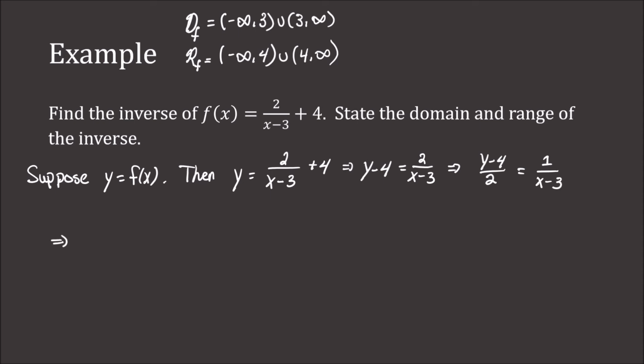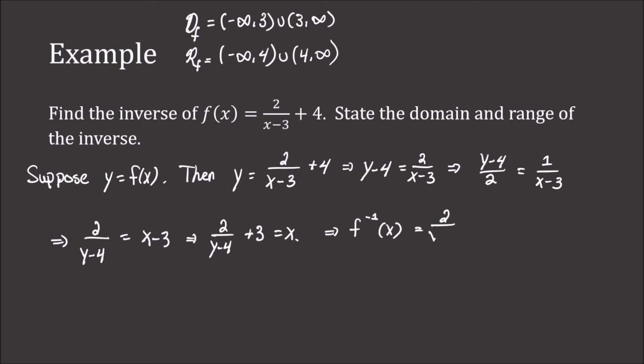Take the reciprocal of both sides. We have 2 over y minus 4 is equal to just x minus 3. And so 2 over y minus 4 plus 3 is equal to x. Now we can write f inverse of x, just switch the x and the y. So we have 2 over x minus 4 plus 3. So this is our inverse function.